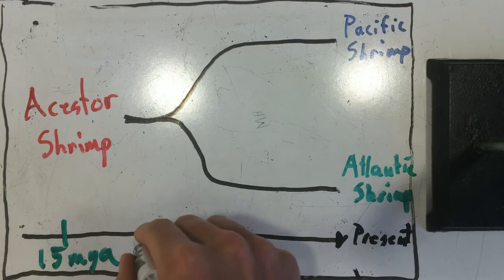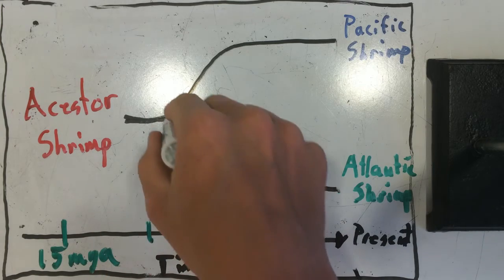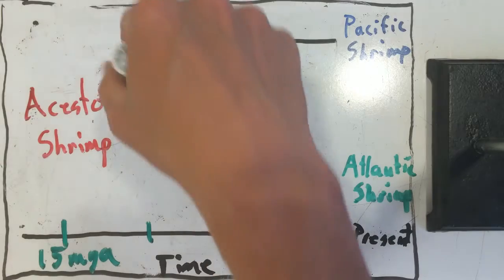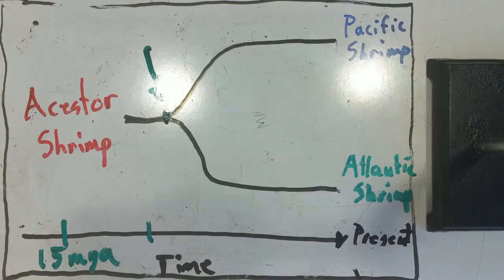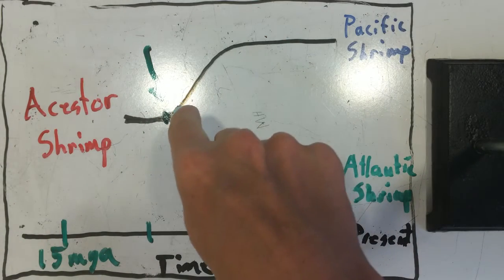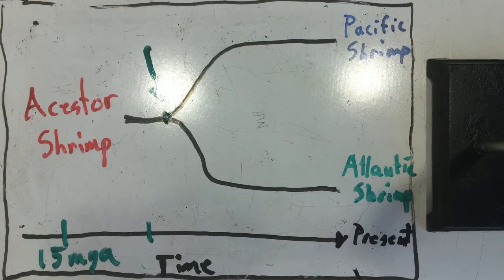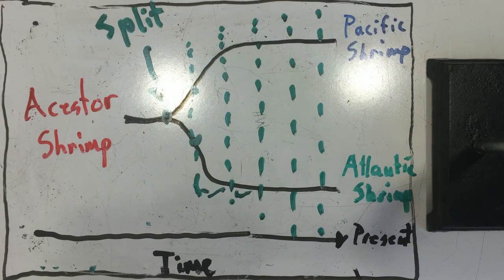Now, around the time period between 15 and 12 million years ago, the Isthmus of Panama formed. Right at this moment right here. And at that moment, we had the splitting of this ancestor shrimp population into a Pacific population and an Atlantic shrimp population. Right? So again, the key idea of the molecular clock is that mutations occur at a steady rate.